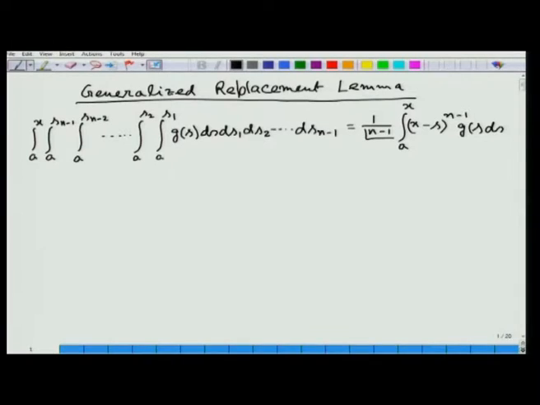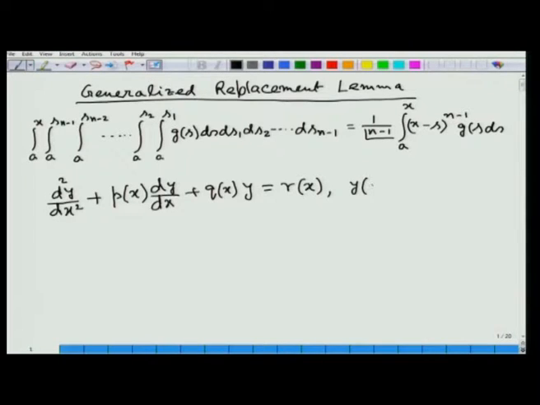So, first we consider the ordinary differential equation given by d²y/dx² plus p(x) dy/dx plus q(x) y equal to r(x). This is the given differential equation subjected to the initial conditions y(a) equal to alpha, y dot (a) equal to beta.